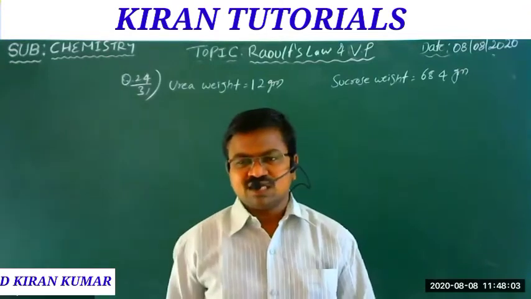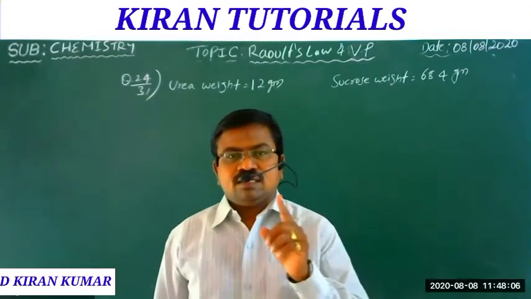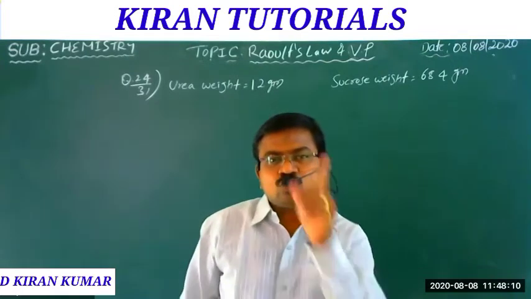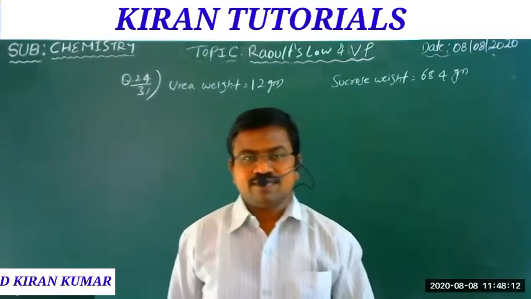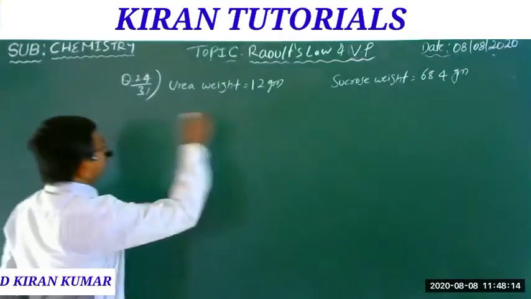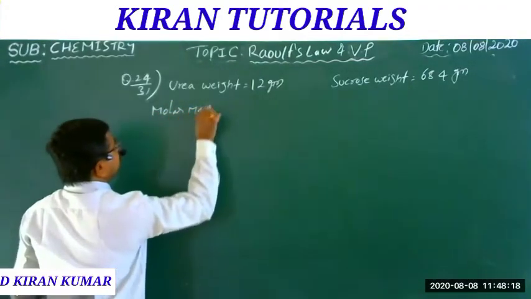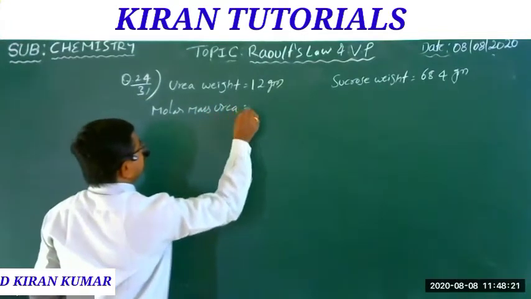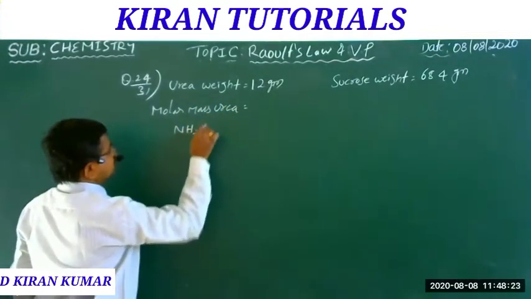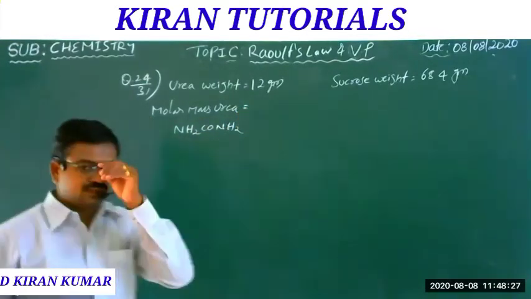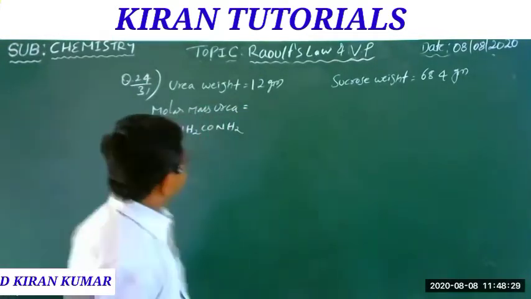According to Raoult's law, lowering of vapor pressure is equal to mole fraction. Okay, so here what is the molar mass of urea? NH2CONH2. Molar mass is 60.